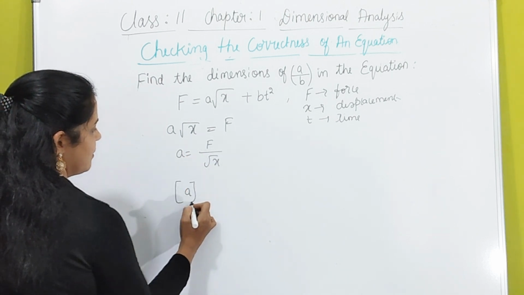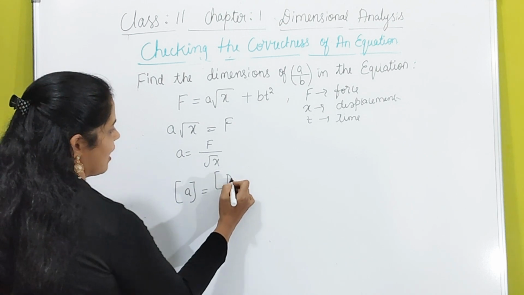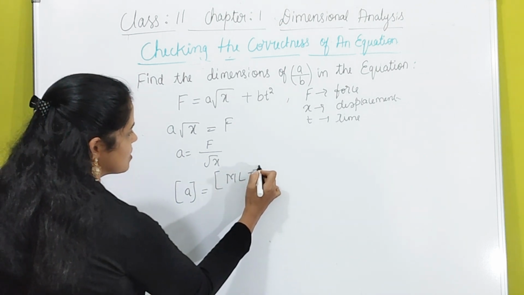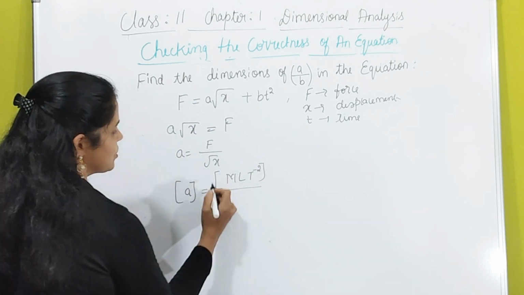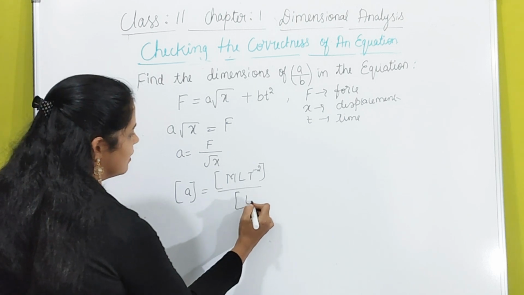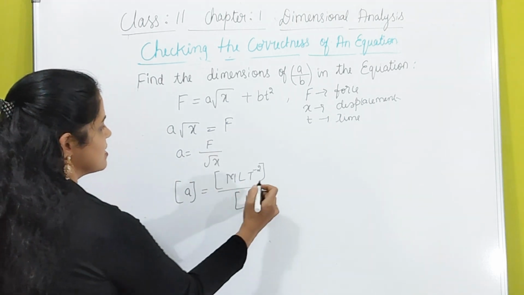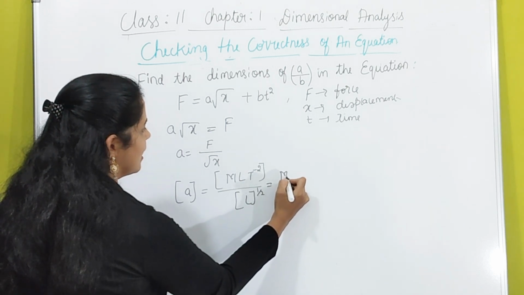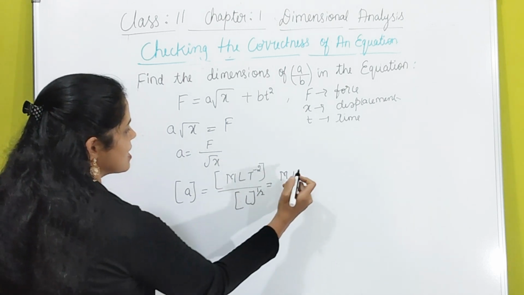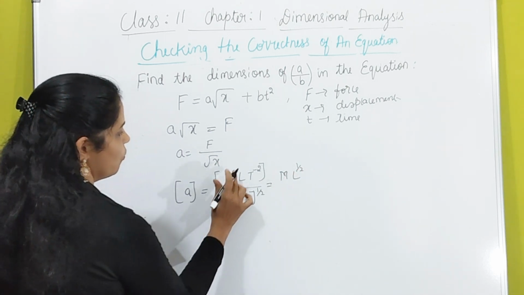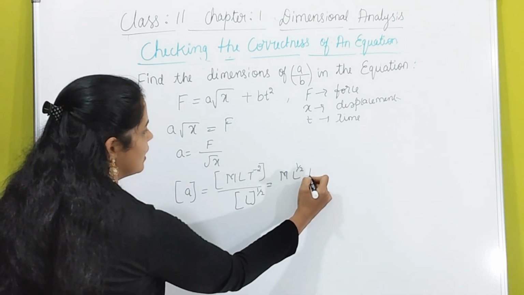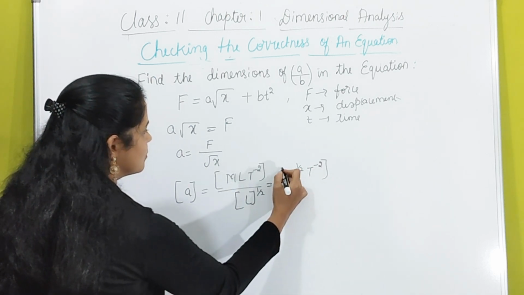We can find dimension of A like this. Write the dimensional formula of force and write the dimensional formula of displacement, L to the power half. Root means it is half. Together M, L, 1 minus half is half, T to the power minus 2.